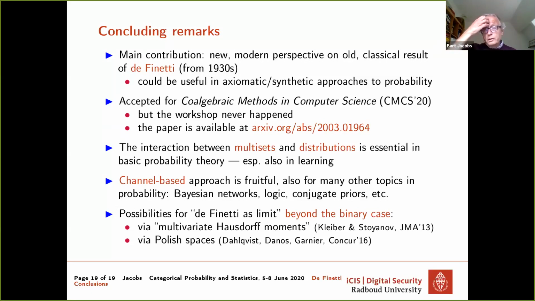But actually also in learning, the interaction between multisets and distributions is very important, because your data can often be described as a multiset, possibly a multi-dimensional multiset when you have a table where you have so many elements occurring in different positions in the table. That's simply a multiset over, let's say, X cross Y. And from such a table, you can derive a distribution in various ways, either in a frequentist way or in a Bayesian way. And this is one of the topics I've been interested in lately.